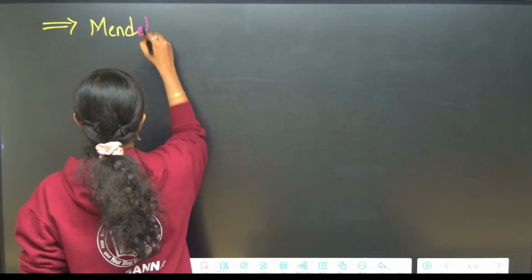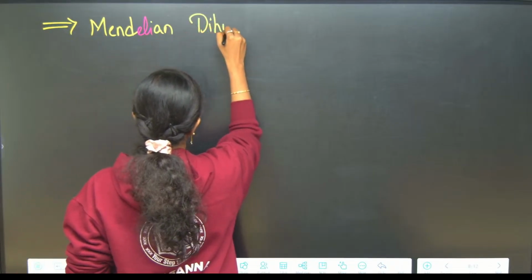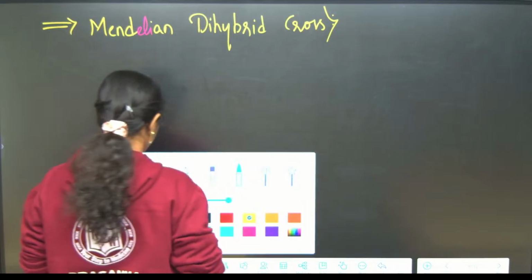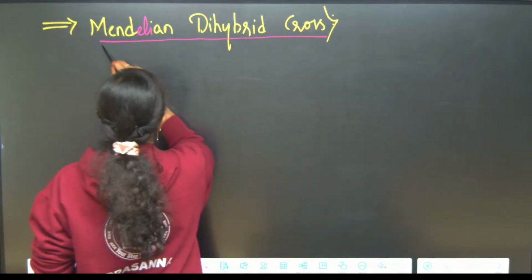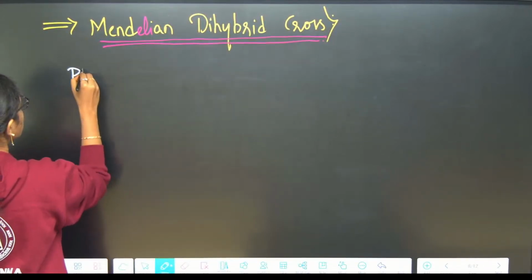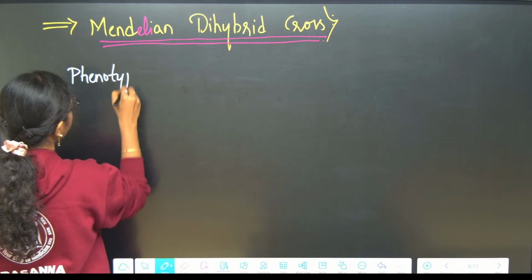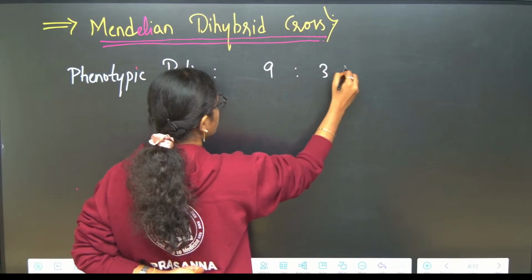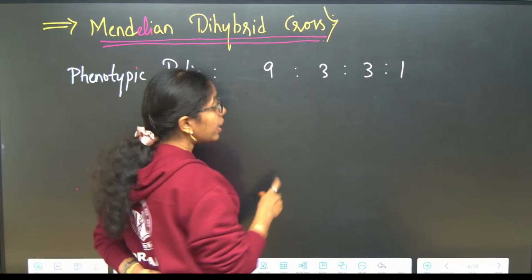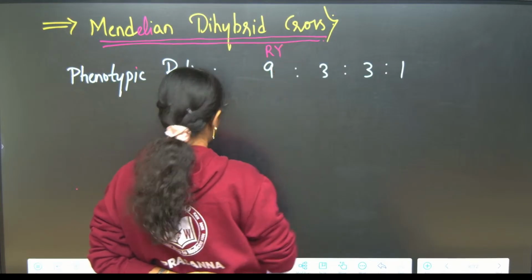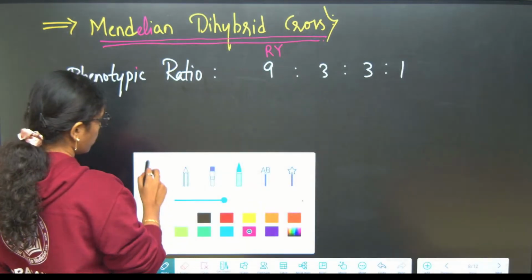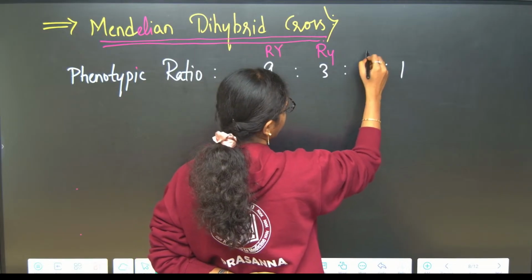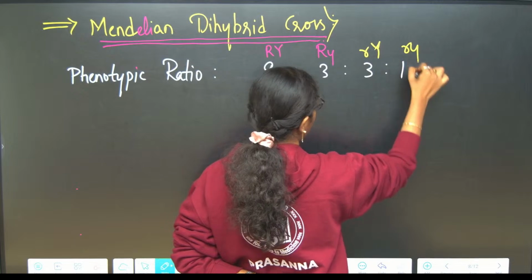Okay. Mendelian dihybrid cross. The phenotypic ratio includes 9:3:3:1, where 9 are round and yellow, 3 are round and wrinkled, 3 are wrinkled and yellow, and 1 is wrinkled and green, right?